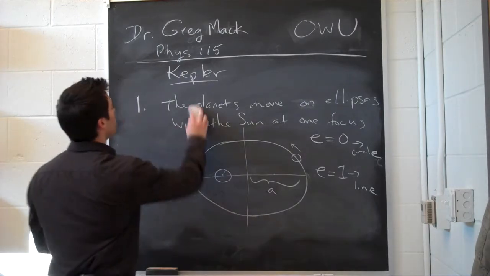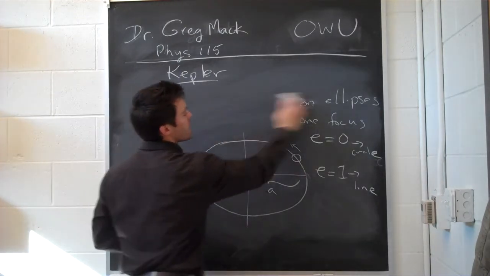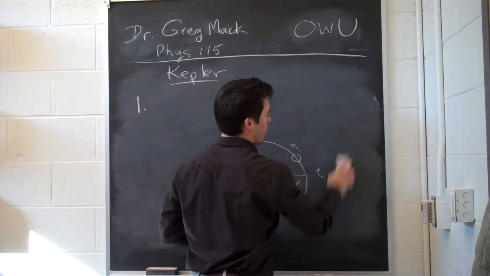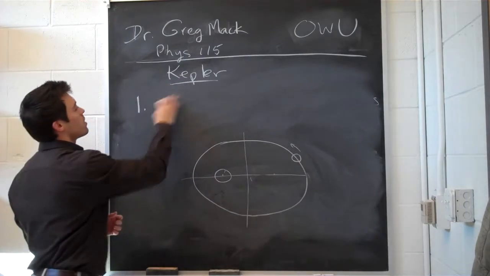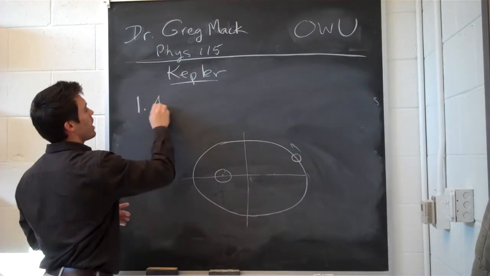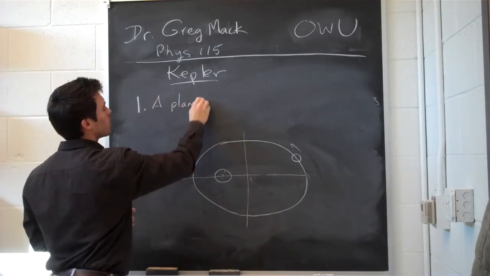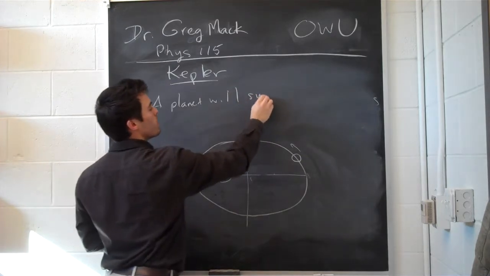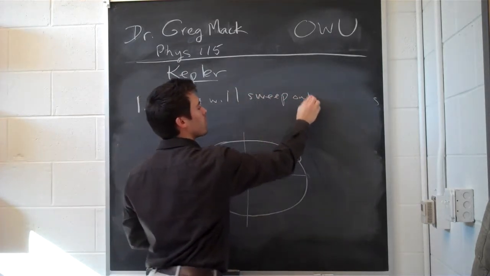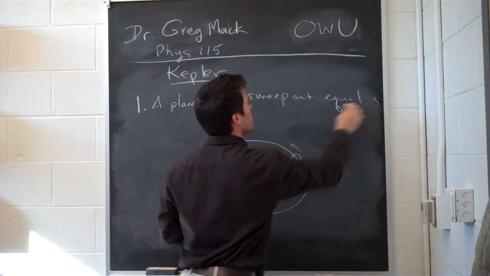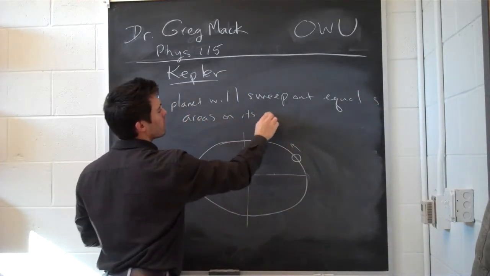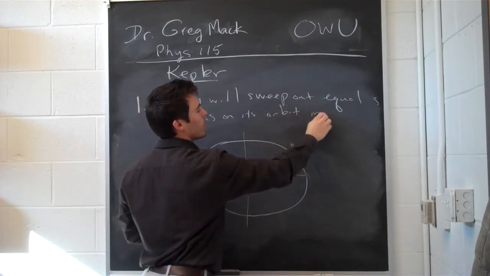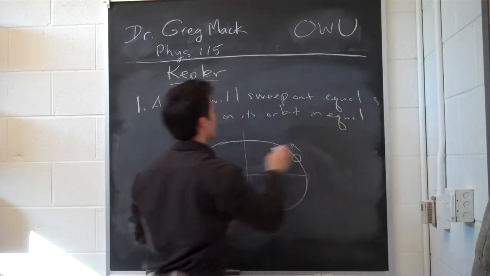The second law has to deal with how it's moving around in the orbit. The second law says that a planet will sweep out equal areas on its orbit in equal time intervals.